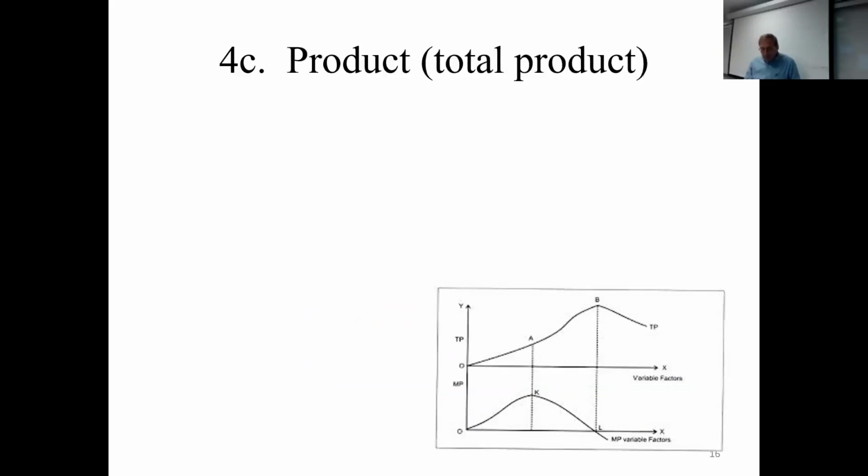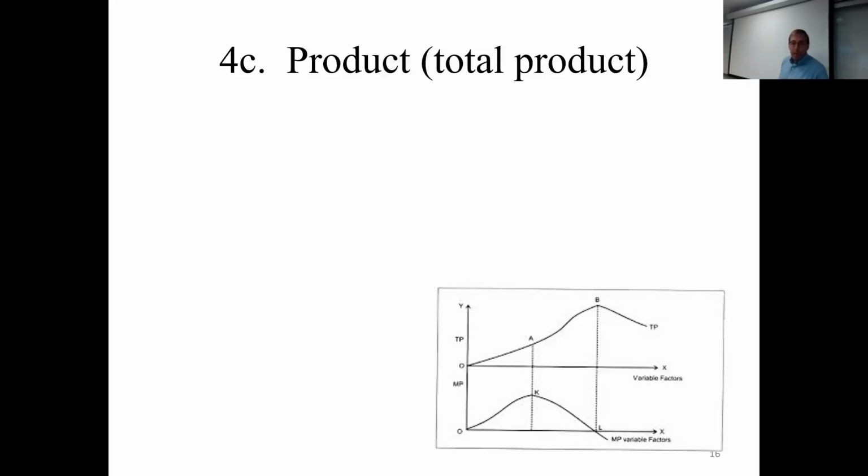Well, we see that there's a relationship here, and we have basically 3 different points, where you see point 0 to point K. That's increasing marginal returns. That means that the total product, the output, is increasing at an increasing rate. You're producing more sandwiches, and you're producing more and more as each additional worker is added on.